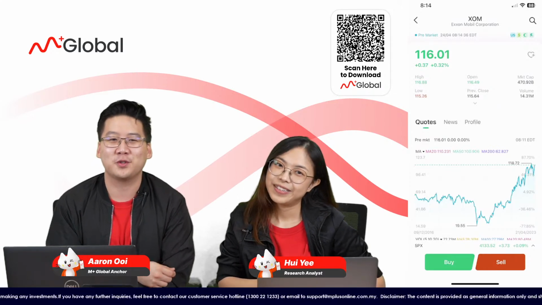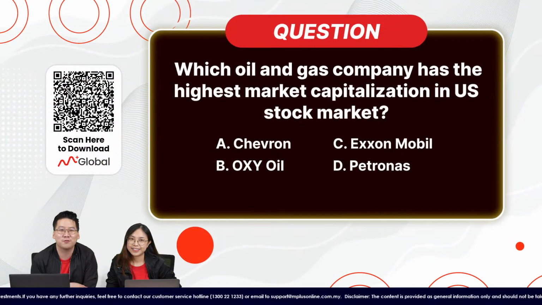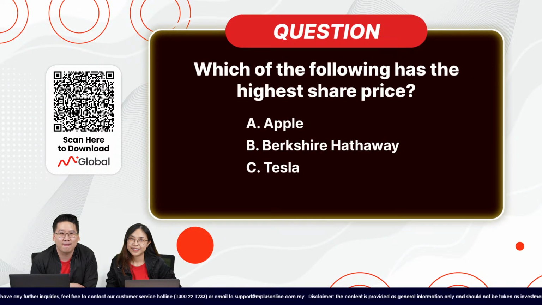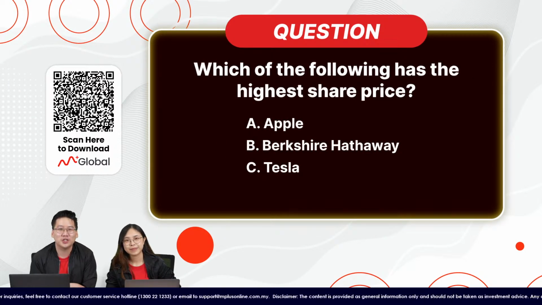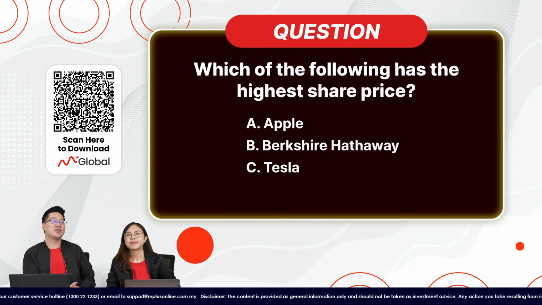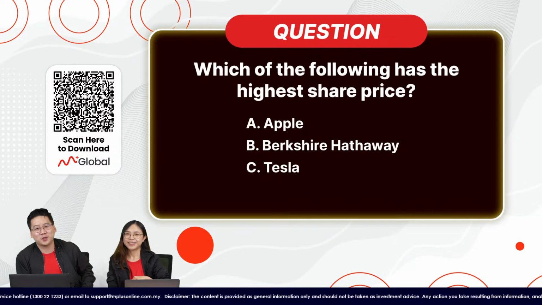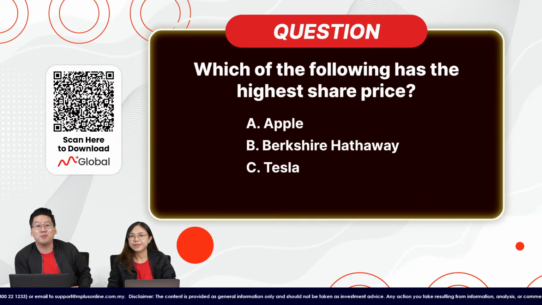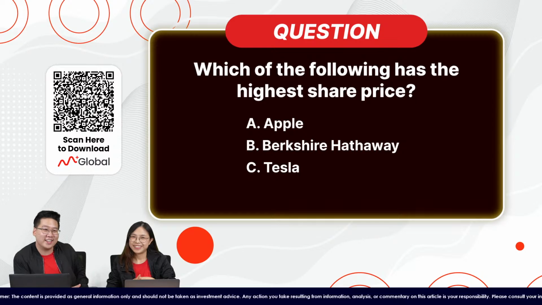Now we'll move on to question number 4. Which of the following has the highest share price? Another multiple choice question. We have A, Apple, B, Berkshire Hathaway, and C, Tesla. I see a lot of you answered C just now. Do you want to answer C again?